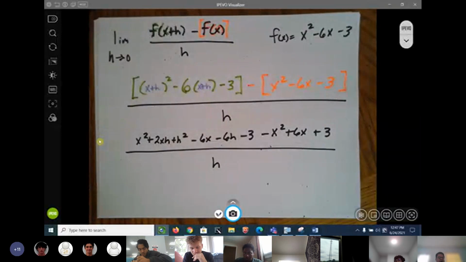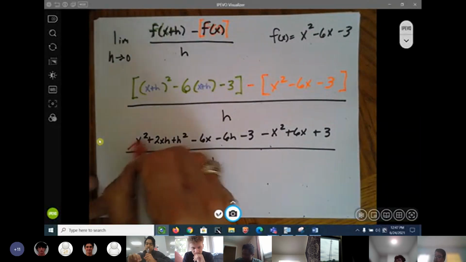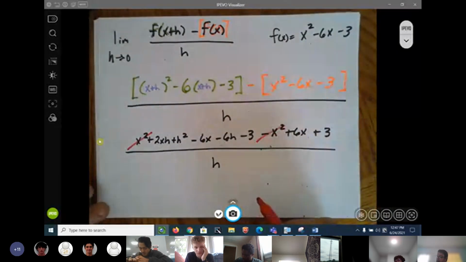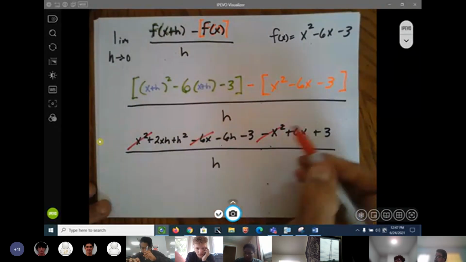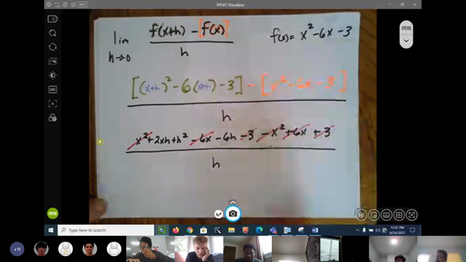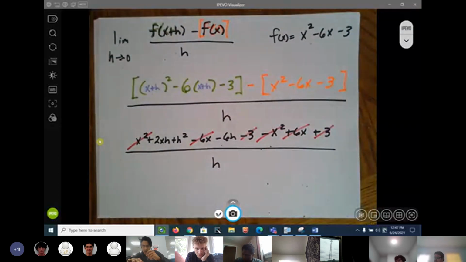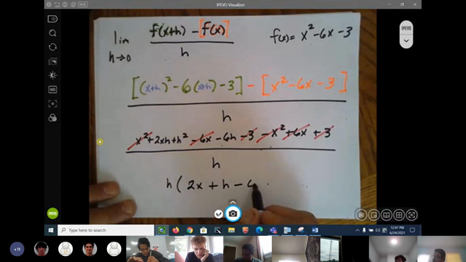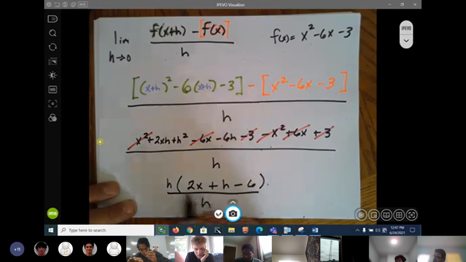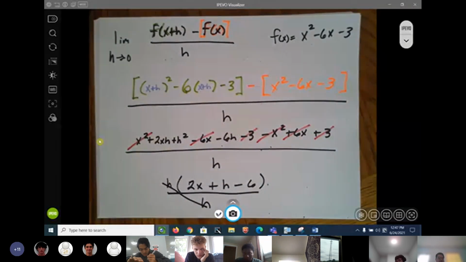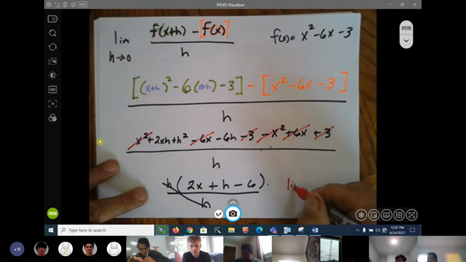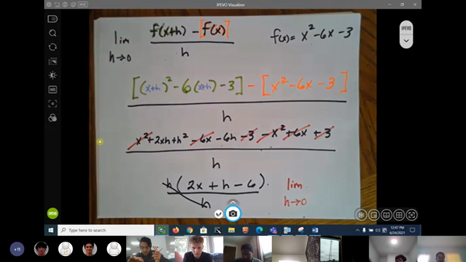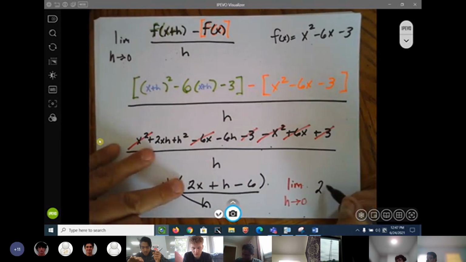What happens to our x squareds? They cancel, Hubert. What about our 6x's? They cancel. 3's. Factor out an h. 2x plus h minus 6 over h. They cancel. And then limit as h approaches 0 of 2x plus h minus 6.